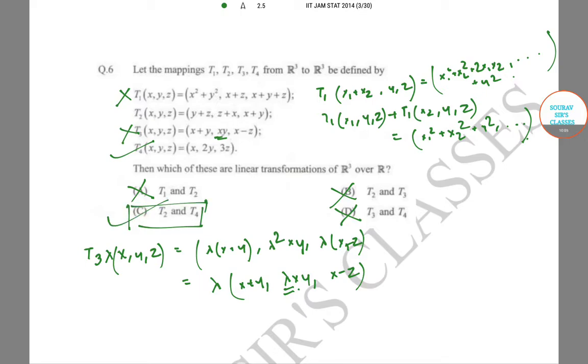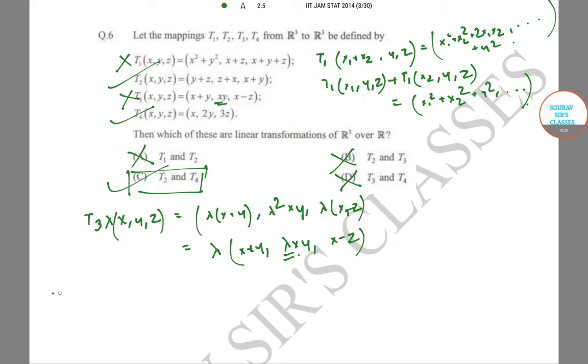So this is the correct answer, and it is obvious also that T2 is a linear transformation indeed, because T2 of lambda x, lambda y, lambda z is equal to lambda times this entire thing. And let's check additivity once.